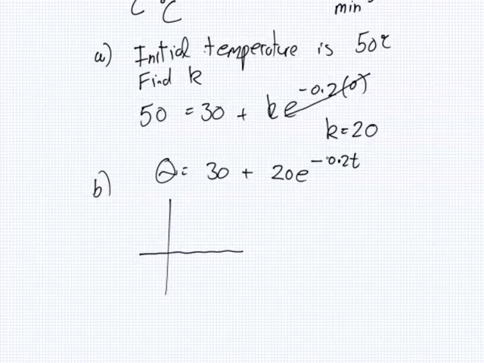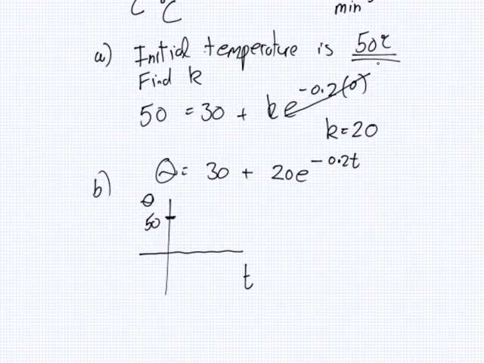So, is that increasing or decreasing? Decreasing. And where do we start on the y-axis? 50. Remember, I said in the question initially is 50. So when t is 0, we get 50. And then the graph decreases. So the graph goes down like this.